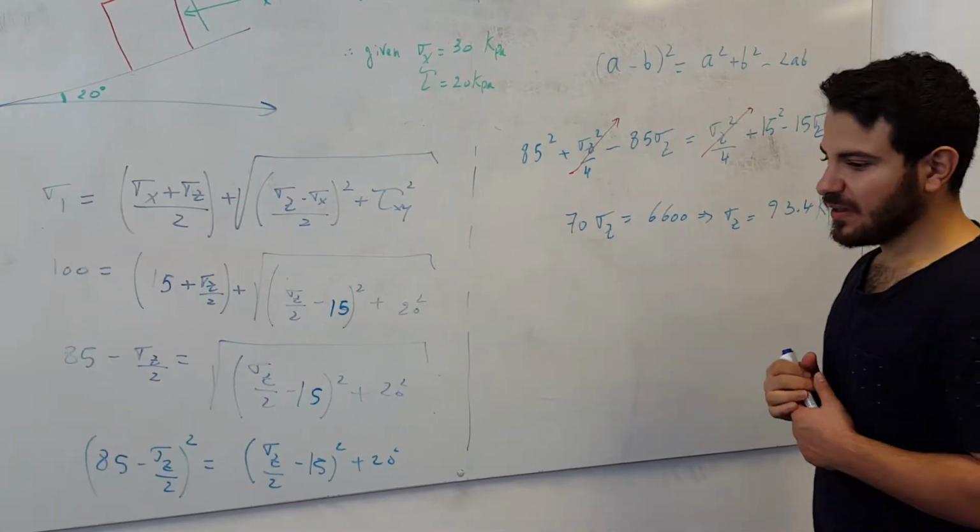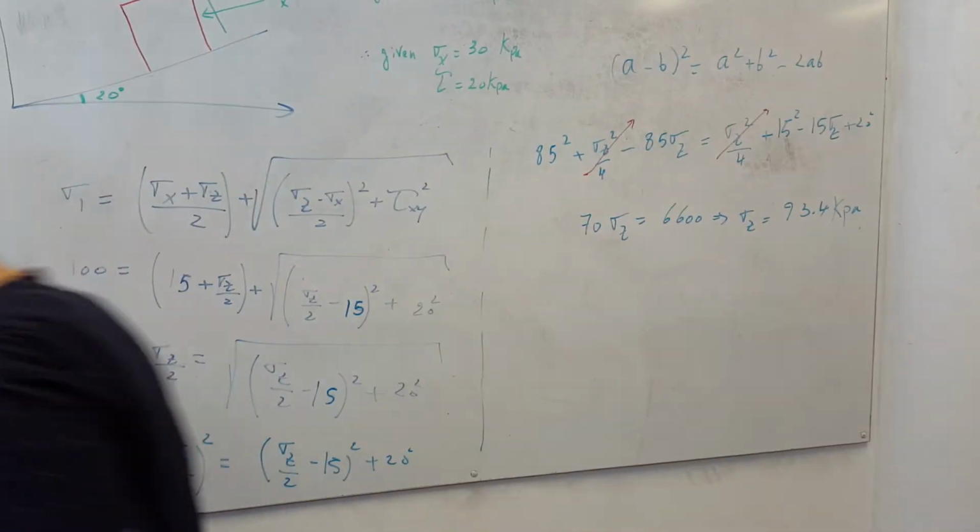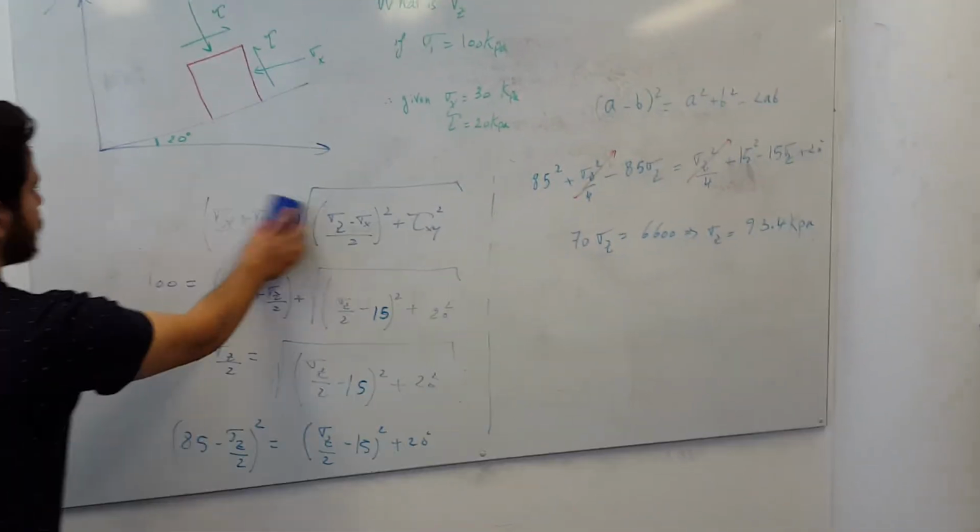That's simple. Okay, so the other way is using the Mohr circle, which is more simple.